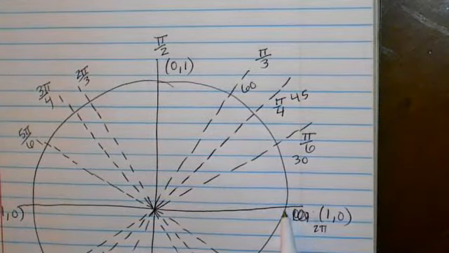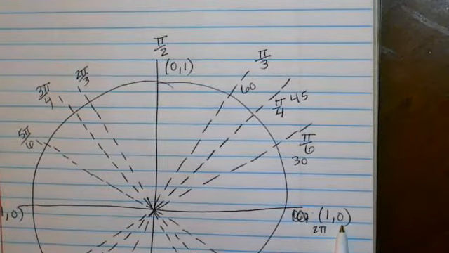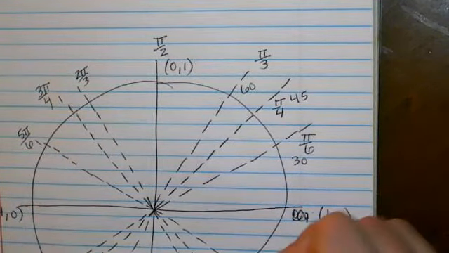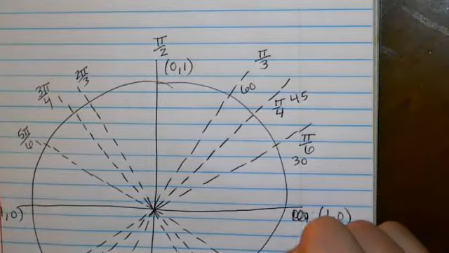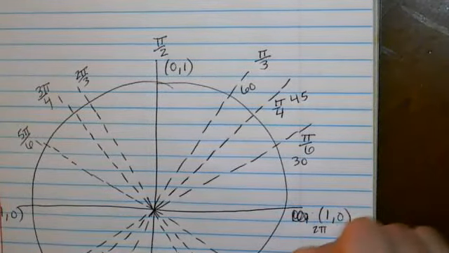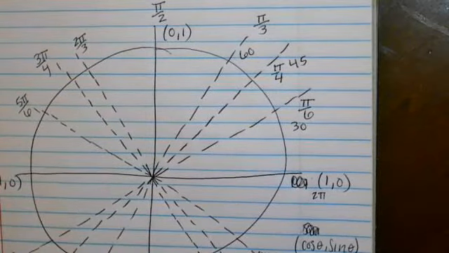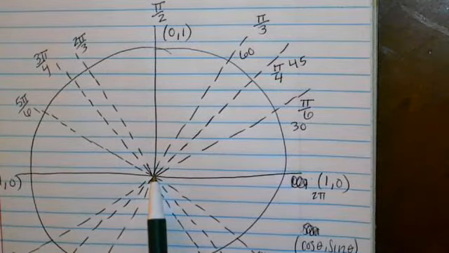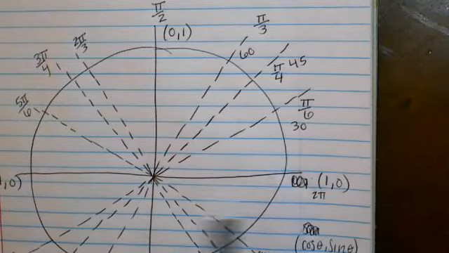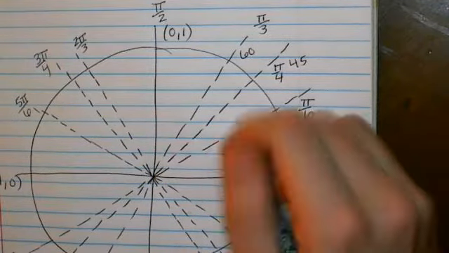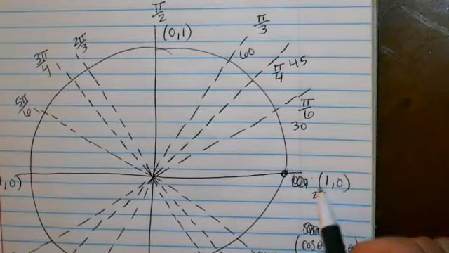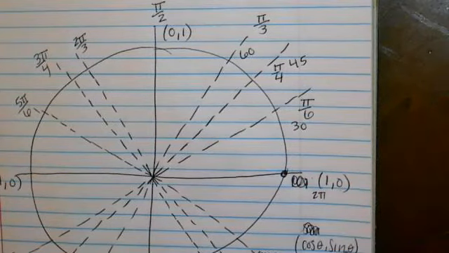If you look over here, I labeled this 1, 0. Again, this is for cosine theta, sine theta. When you're thinking about this on a coordinate plane, we go over 1, up none. So this point is 1, 0. Again, cosine, sine.